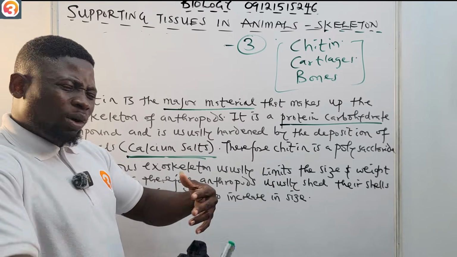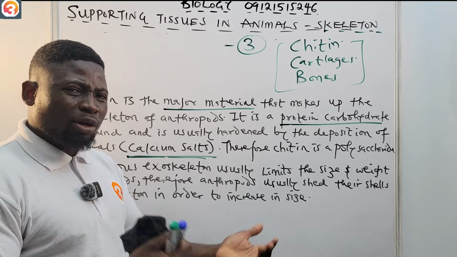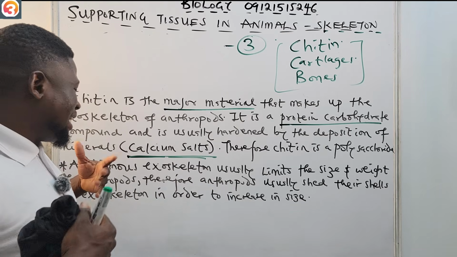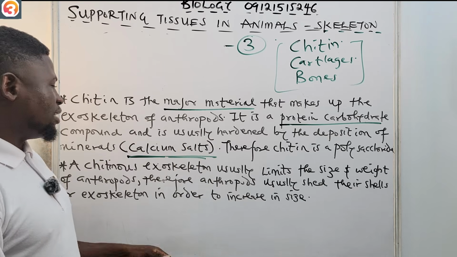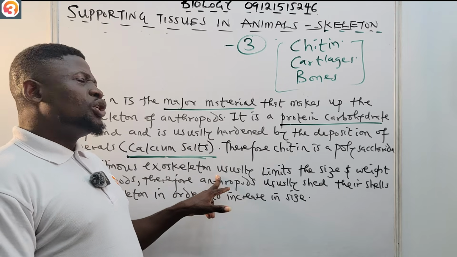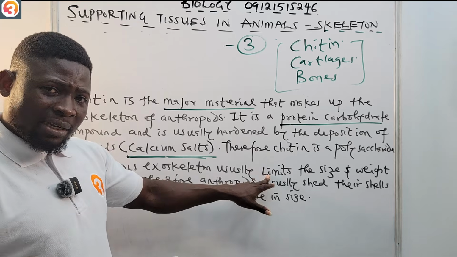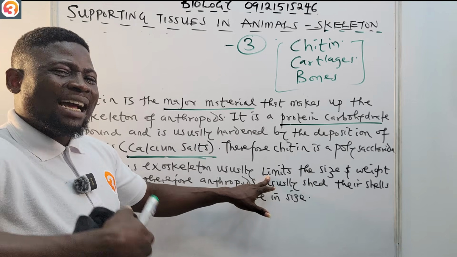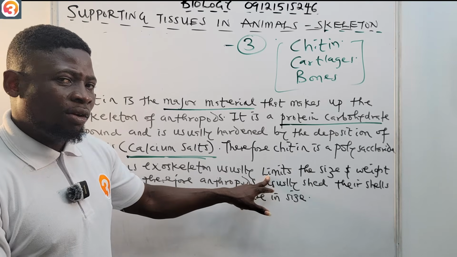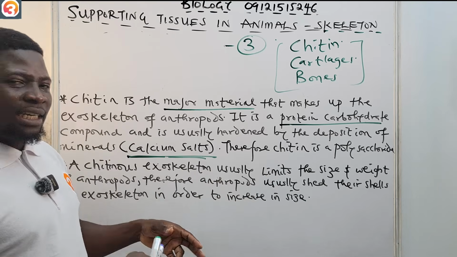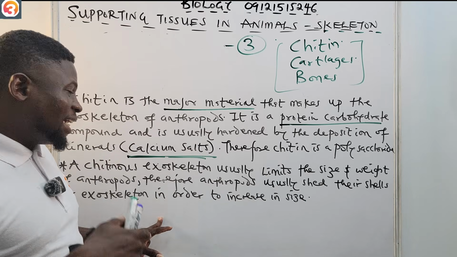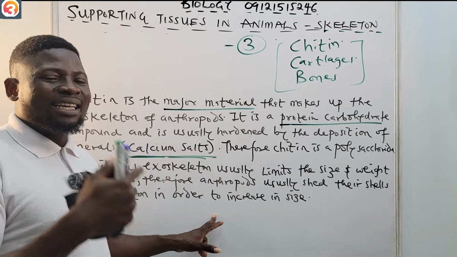They shed off that chitinous exoskeleton so that they can increase in size. Limits, you know what limit is? It prevents the arthropod from growing. So they have to shed their shells, or exoskeleton, in order to increase in size.